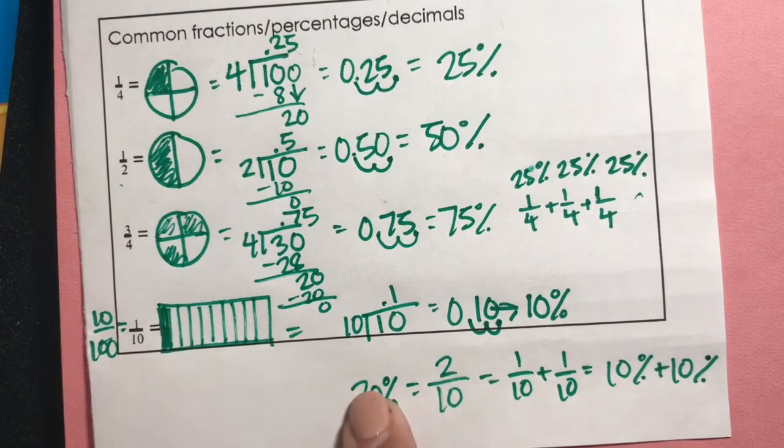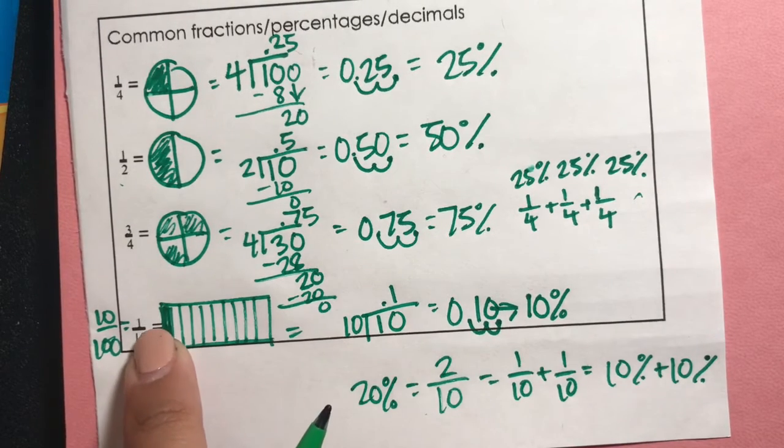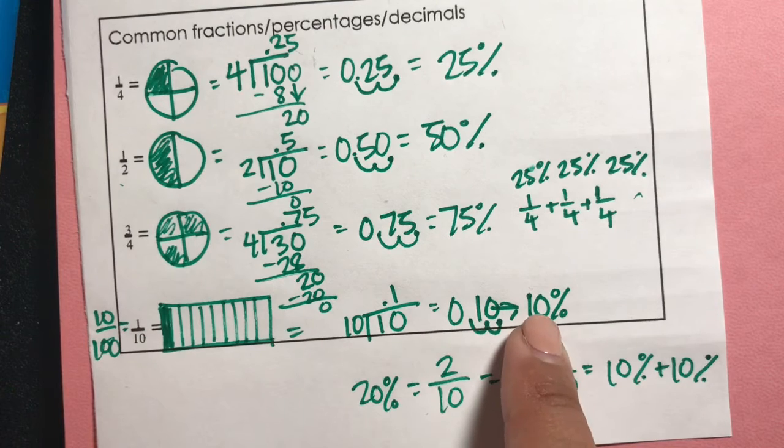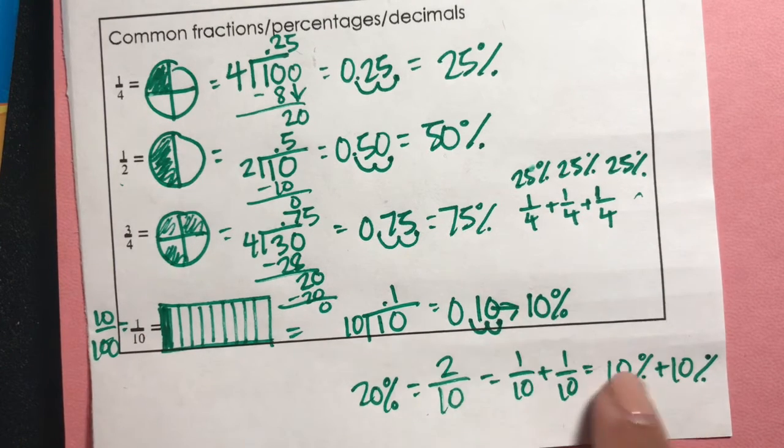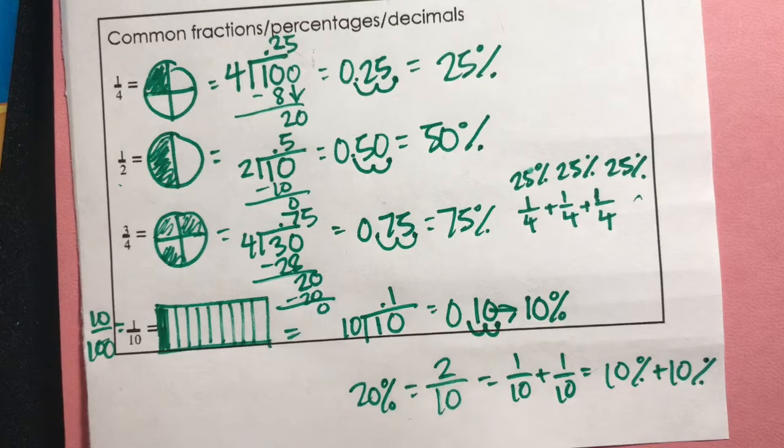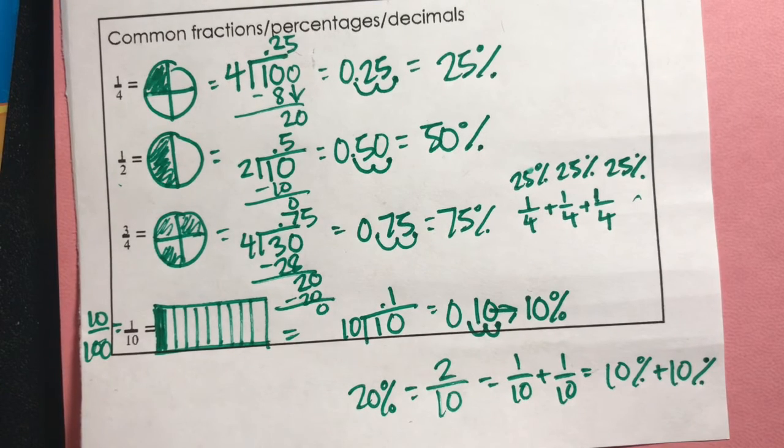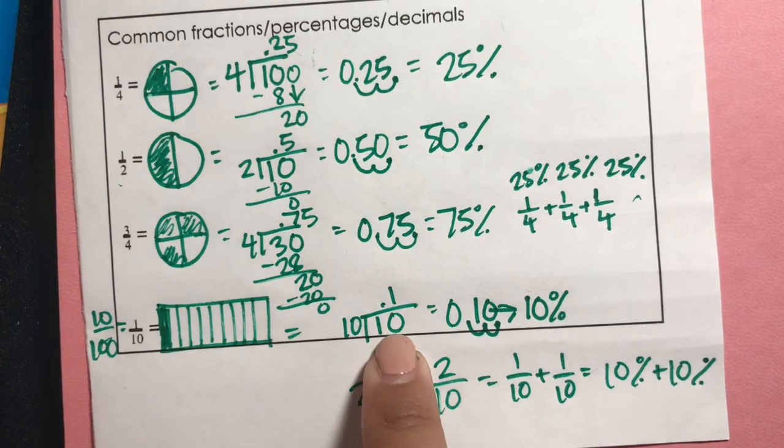That all equals out to 20%. So if you remember 1/10 or 10%, that's a really easy way to remember 20, 30, 40, any percents that are going by tens. And again, go back to money.